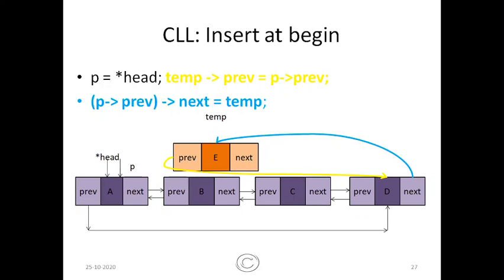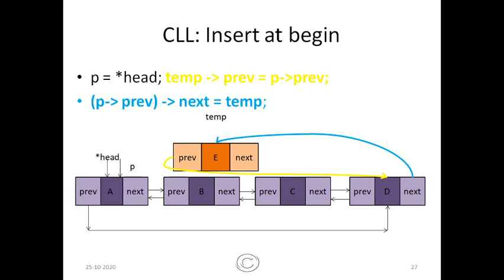So for that we have used P previous. P is at A now, so P's previous is equal to D, so D's next is equal to temp. That means temp's address will be given to the last node's next address.